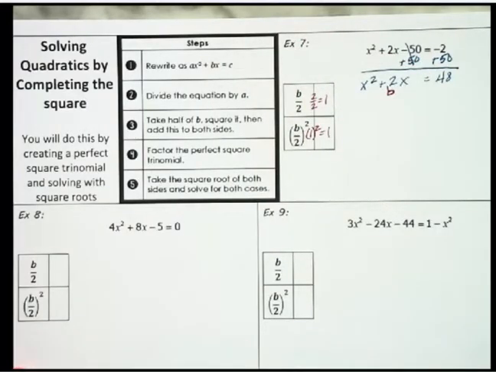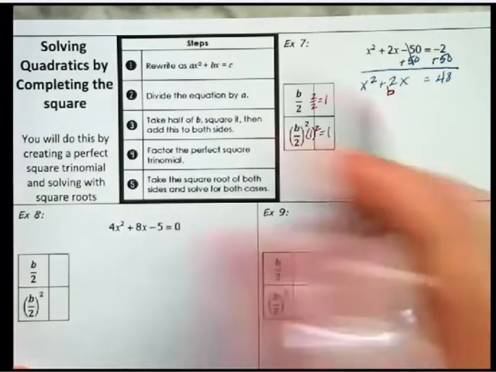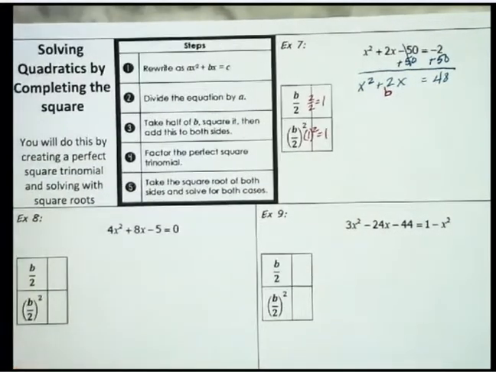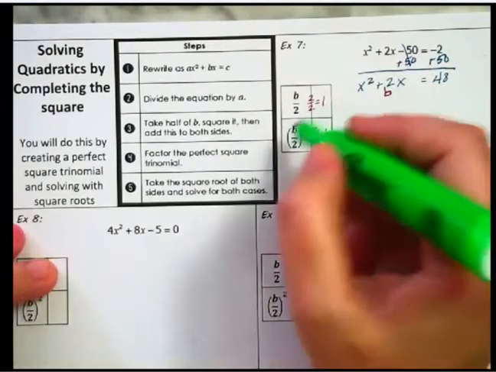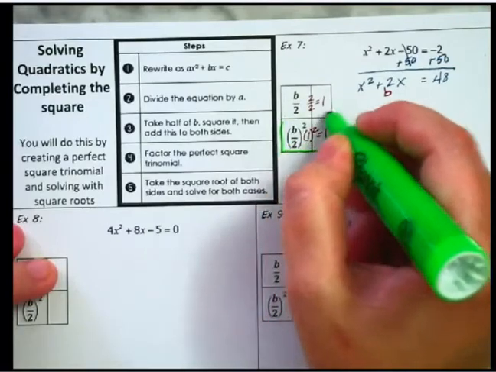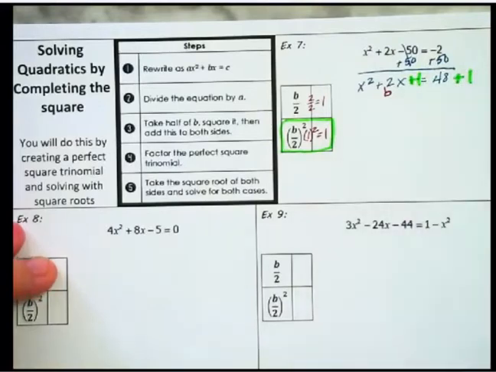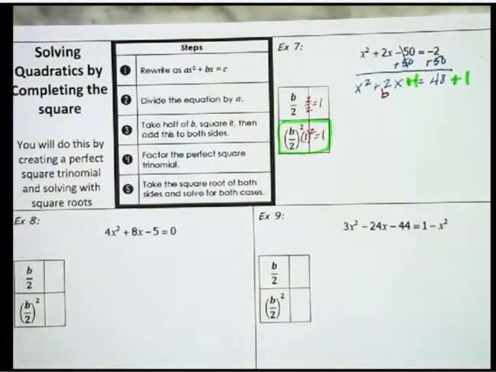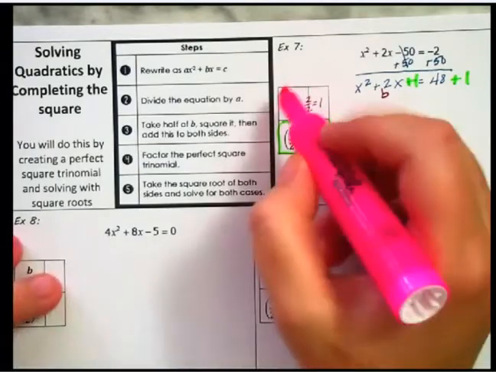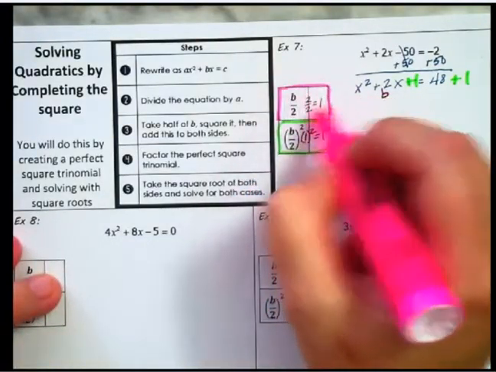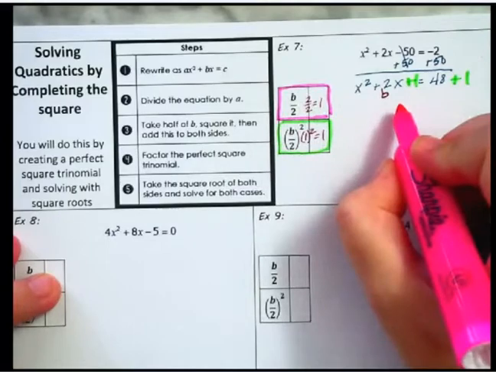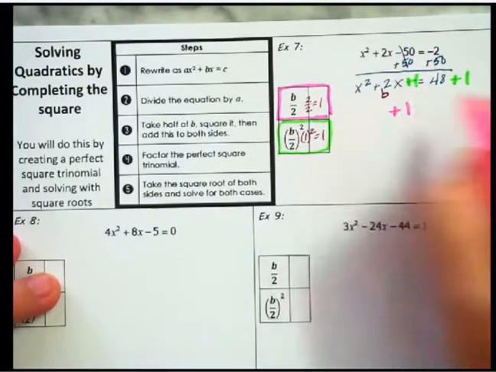The bottom number tells me what I need to add to both sides. So this number right here tells me that I need to add that number to both sides. This first number tells me what is going to go inside my binomial. So plus 1.